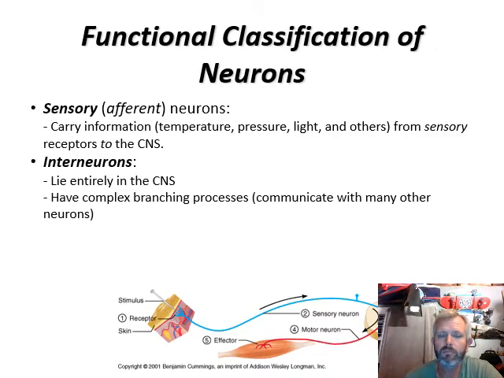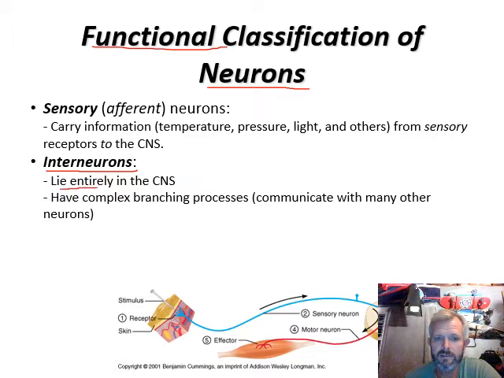Now, let's classify our neurons. We have sensory, or afferent, neurons, the ones carrying information from the periphery back into the central nervous system. There are interneurons, which are kind of the integrators. They lie between the sensory neurons and the motor, or efferent, neurons.